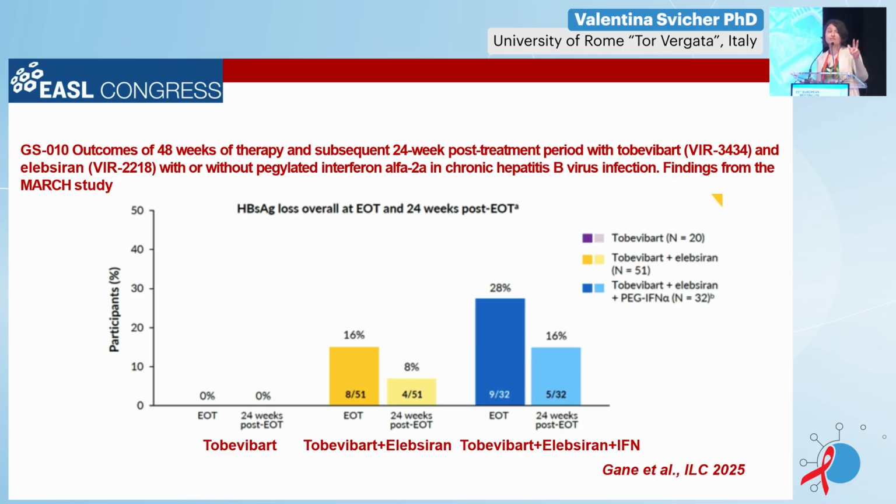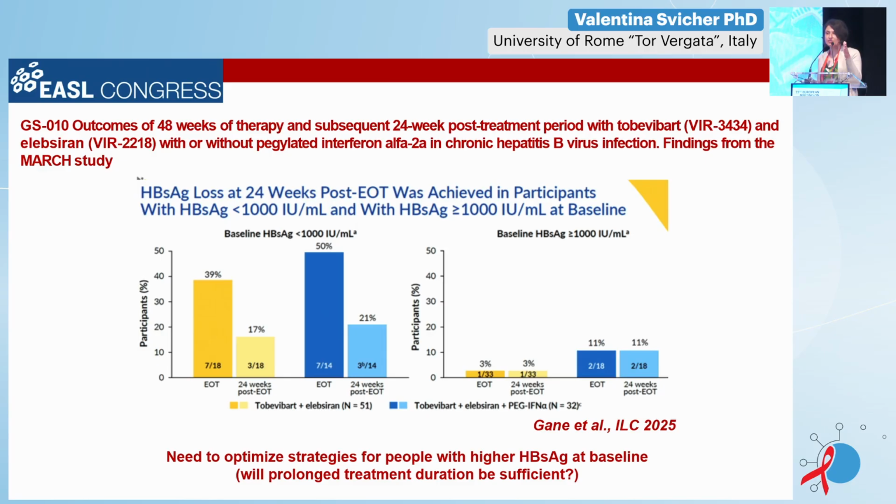However, here we have 3 drugs, and so a triple therapy administered for 1 year. Conversely, with bepirovirsen, just 1 drug administered for 6 months. Again, the highest rate of HBsAg loss is observed when HBsAg levels are low at baseline, and so here we also have the need to optimize strategies for people with higher levels of HBsAg at baseline.